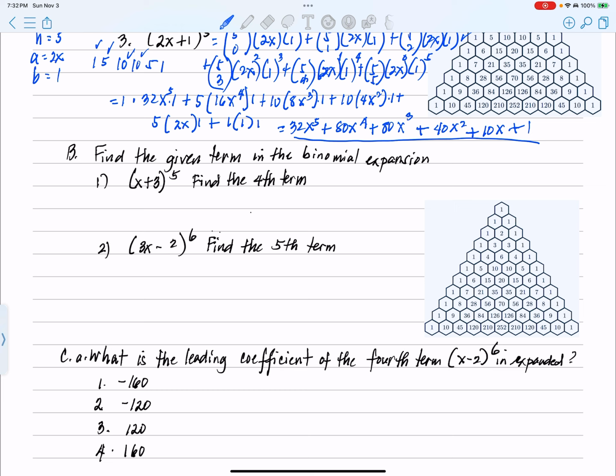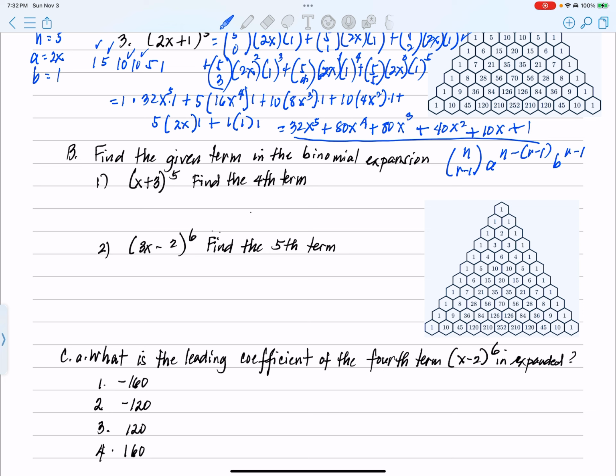Remember that for finding the term, you were given this formula, right? n choose r minus 1, then a to the power of n minus (r minus 1), and b to the r minus 1.